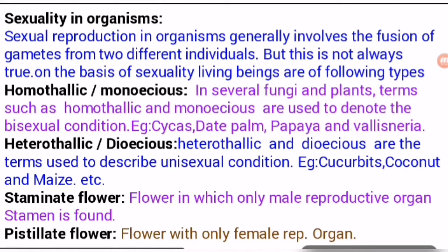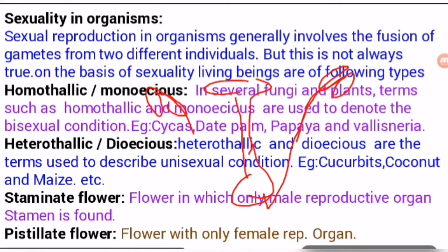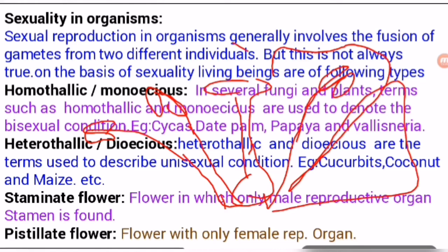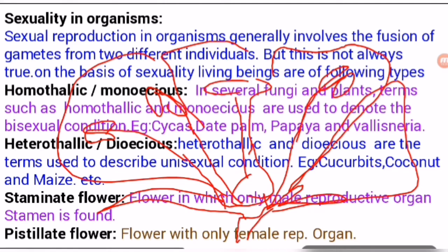Look here, students, in a flower these structures are found. Suppose this is a flower, and in this flower only male reproductive organs are found. What is the male reproductive organ? Stamen. Only stamen. I drew this picture.